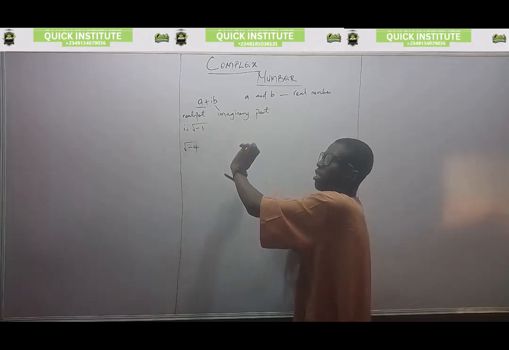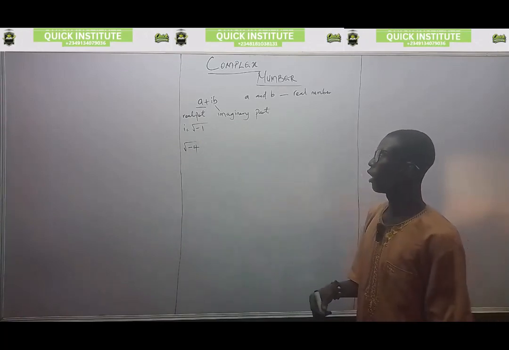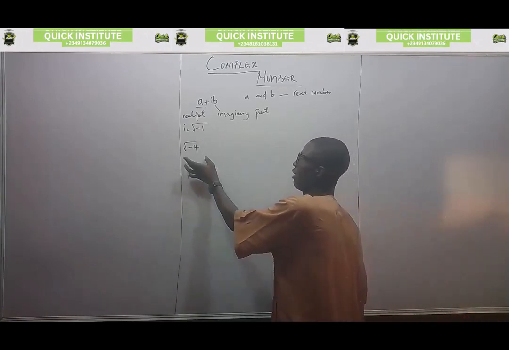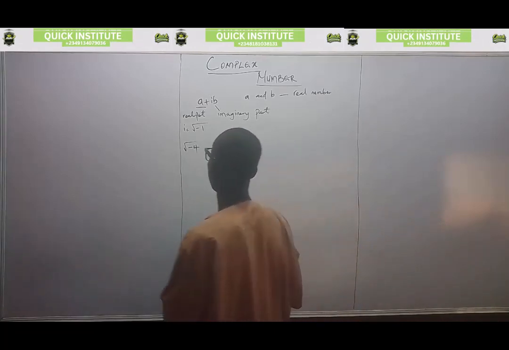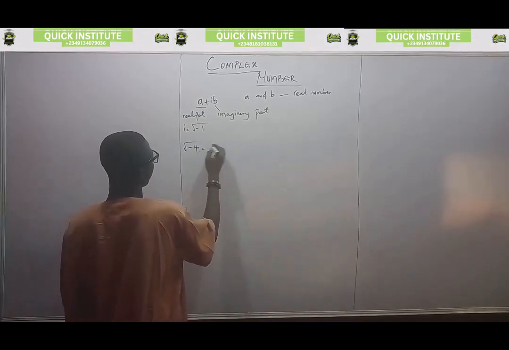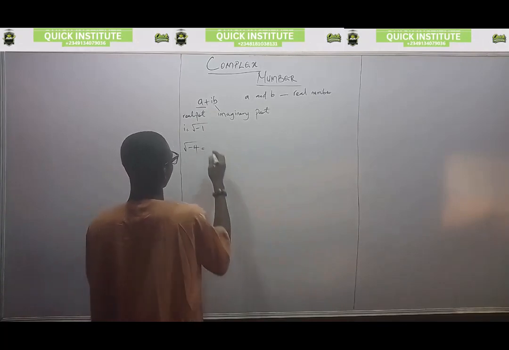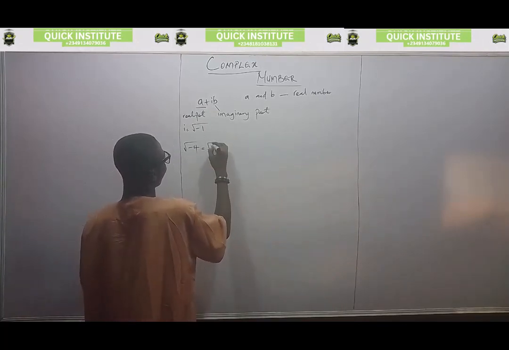To solve this using your surd method, we can split it into two: the square root of 4 times the square root of minus 1.